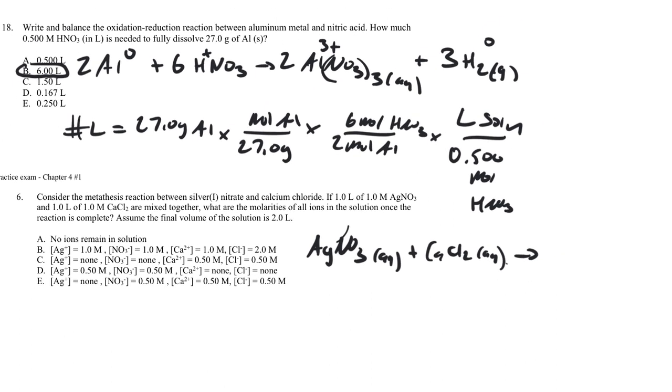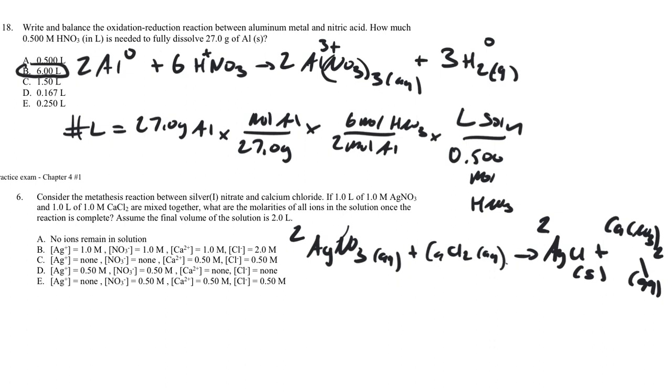AgCl. That's our insoluble salt driving the reaction, and then calcium nitrate, and this is an aq for the calcium nitrate.